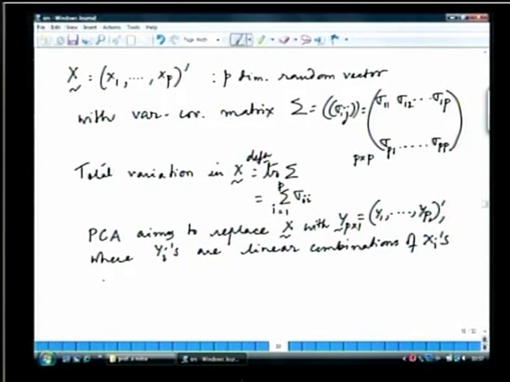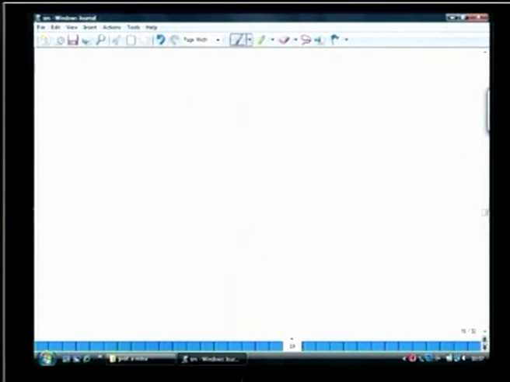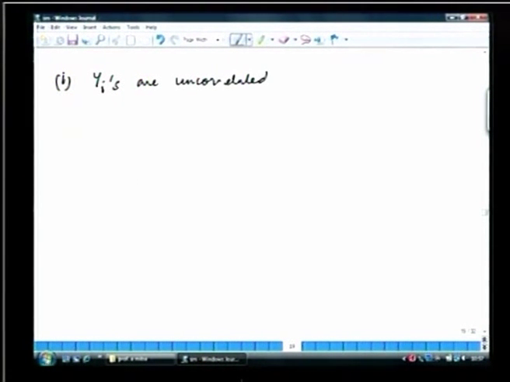We must satisfy certain conditions. The first thing to remember is that the yi's are uncorrelated. Note that we have not taken xi's to be uncorrelated, because I have never said that sigma is a diagonal matrix, just a general variance-covariance matrix, which means xi's can be correlated also.